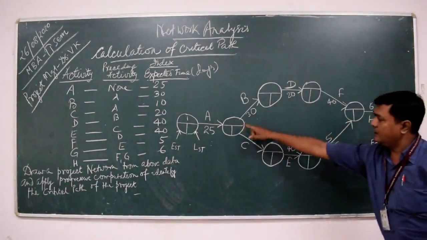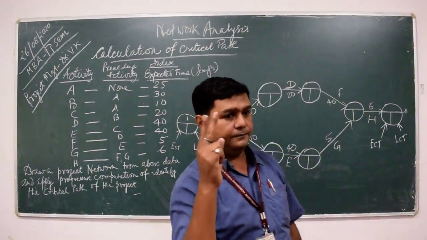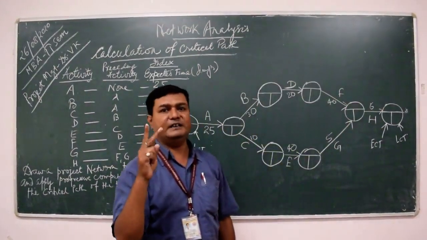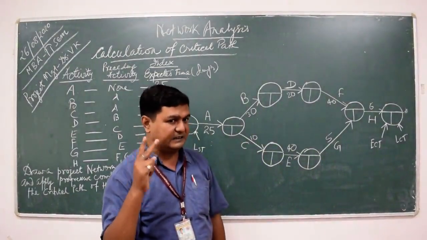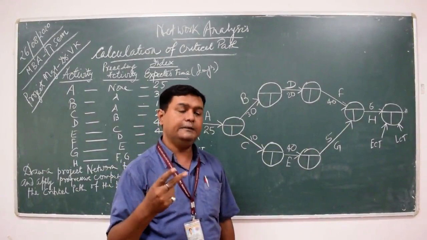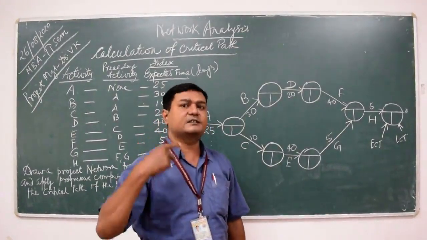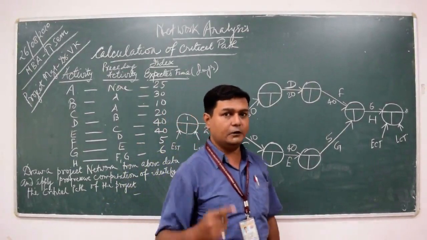So remaining all the events are having dual status. When we are considering outgoing activity, then it is earliest start time. When we are considering the incoming activity, then the same thing is represented as earliest completion time. Now it is clear to all of you?